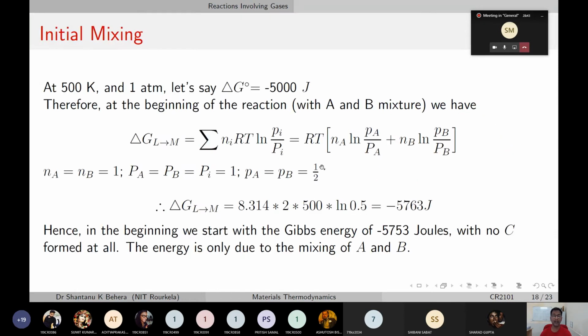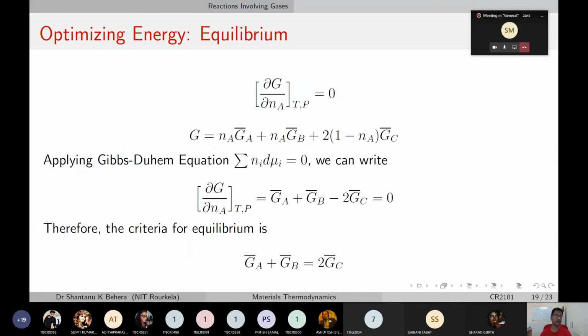And how do you deal with that? We can go back to optimizing the energy for equilibrium. And there's a simple strategy. I don't want to make it more complicated. This slide will give you the more important thing to consider. When we take the total energy, we can find out the total energy of the mixture at any generic stage.